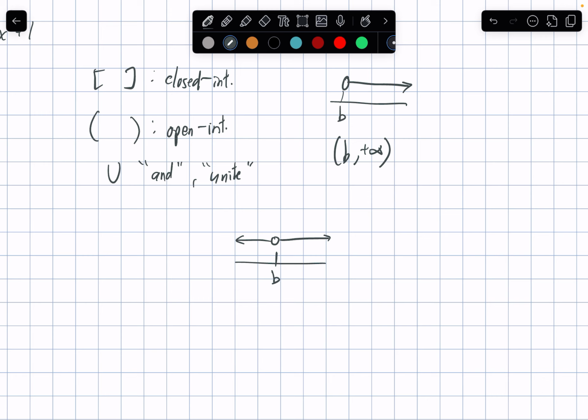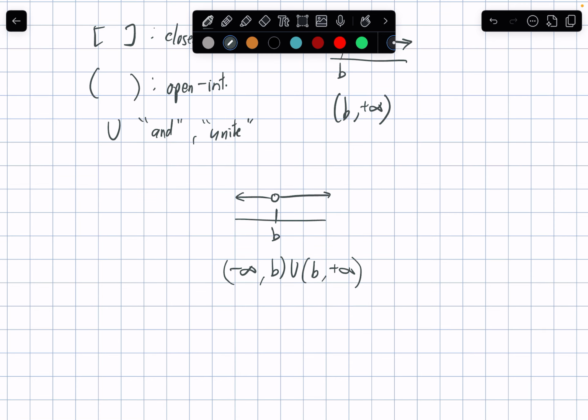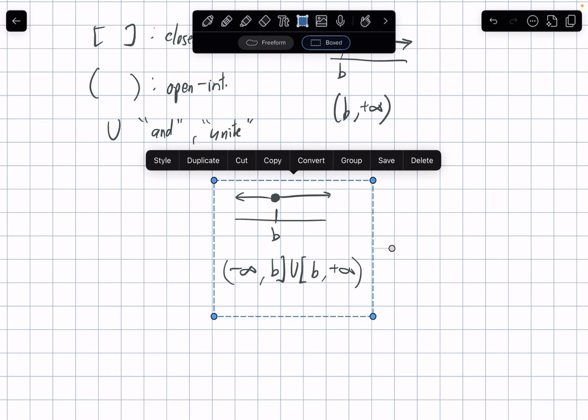This is going to be expressed as negative infinity to b, union b to positive infinity. Let's say this were a closed circle, so a closed interval, we use a bracket.